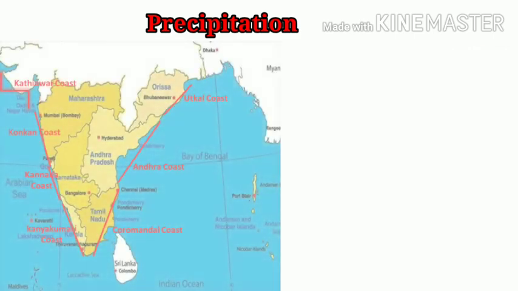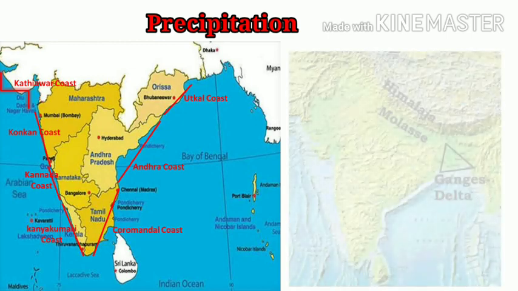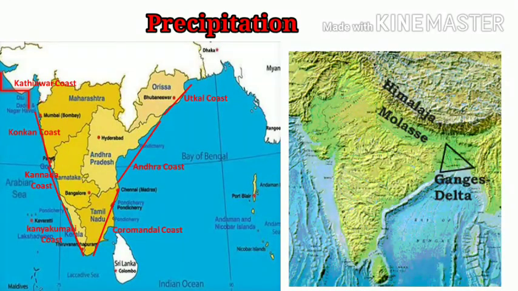Now let's take the third example, that is the Coromandel Coast. You can see on your screen it remains dry in the months of July and August. Whereas in the Ganga Delta and the coastal plain of Orissa, they are hit by strong storms almost every third or fifth day during July and August.